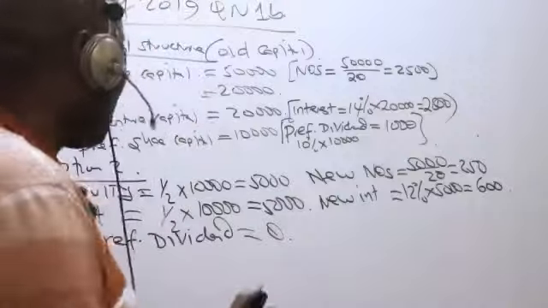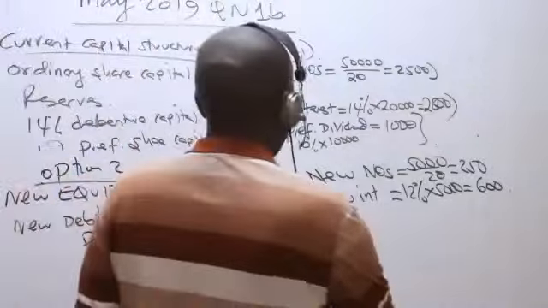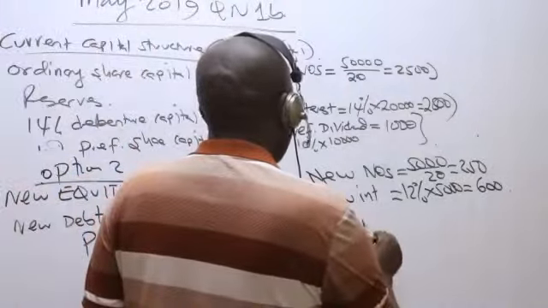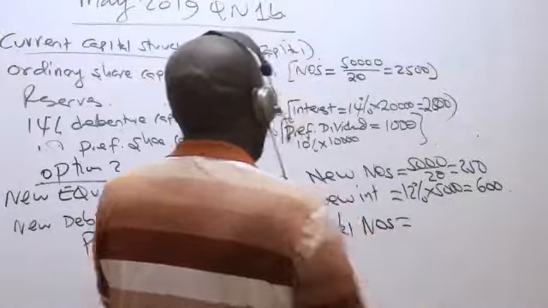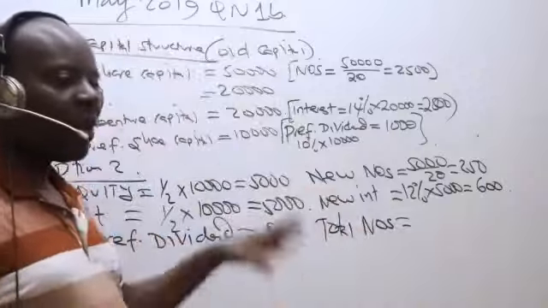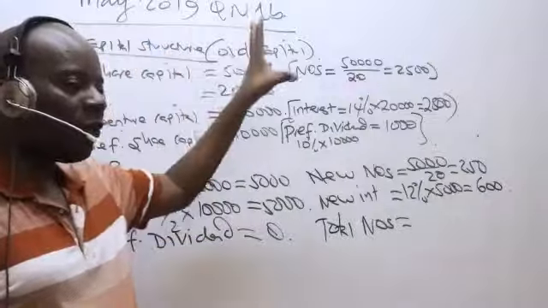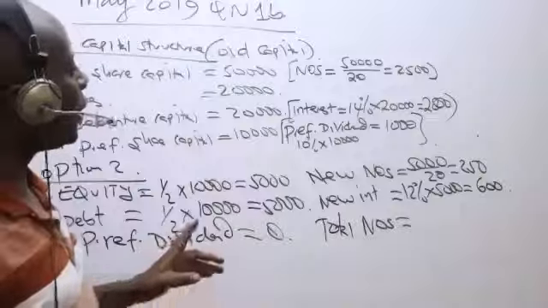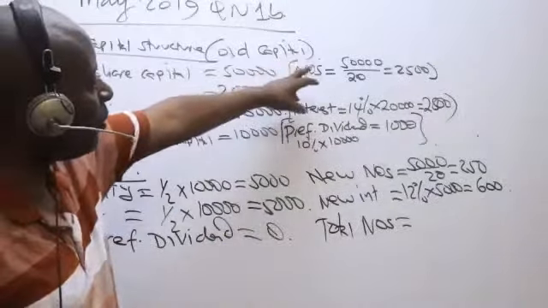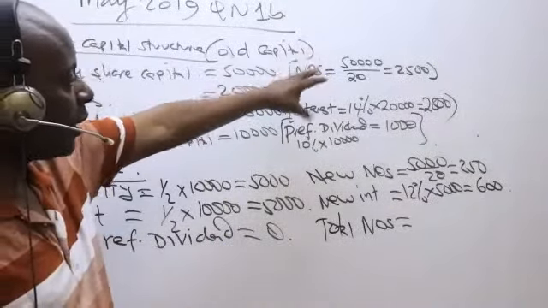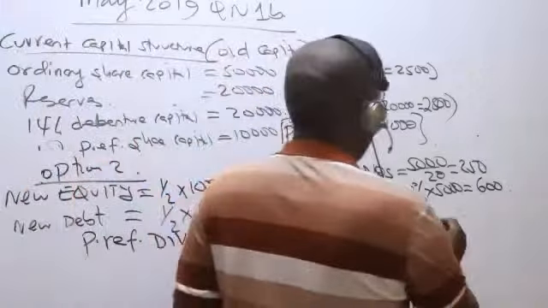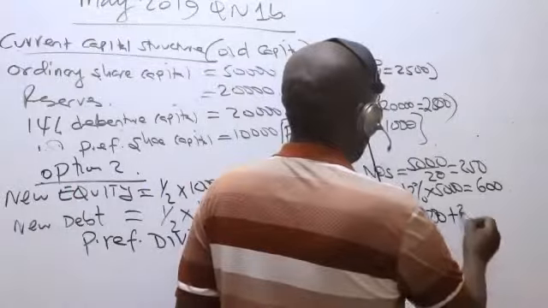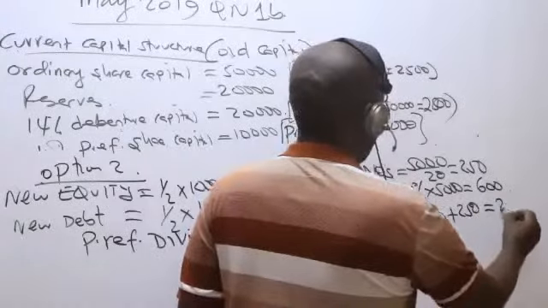Yes. So give us the totals. Don't mix option 1 values here. Here we are looking at the original versus option 2 values. When you talk of total number of ordinary shares, I will take the original number of ordinary shares. They are not going anywhere. 2,500 plus 250 gives me 2,750.